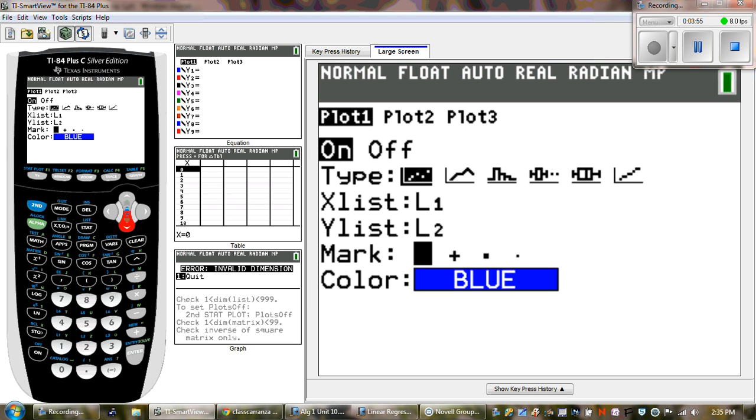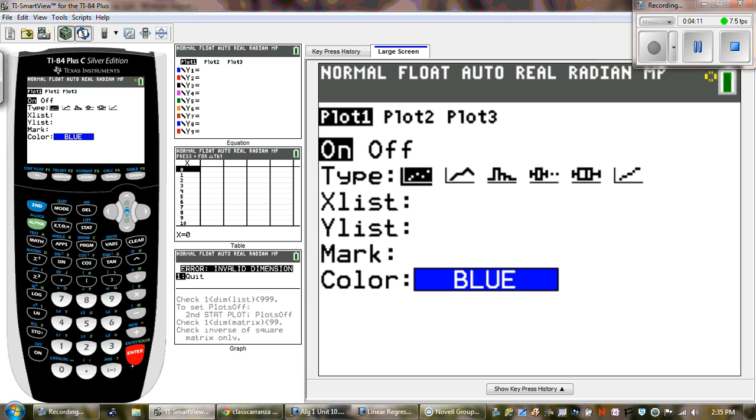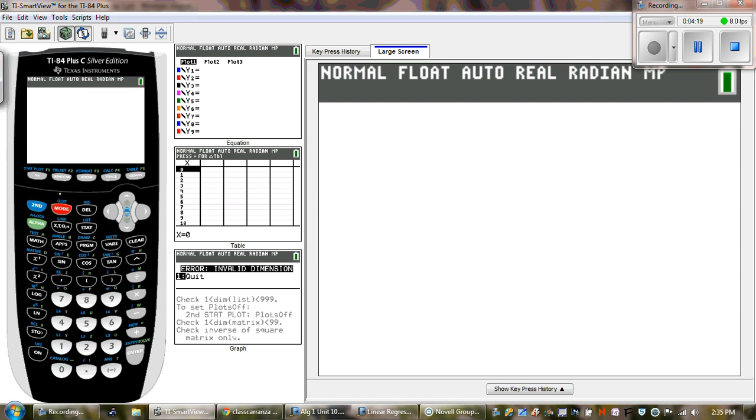We use the arrows and the enter button to select or deselect. If you accidentally hit the wrong one, just go back to what we need. You can see on my right side how it's highlighted. I hit enter and that's what we get. Now to get out of this screen, I'm going to hit second mode and that quits me from where I'm at.